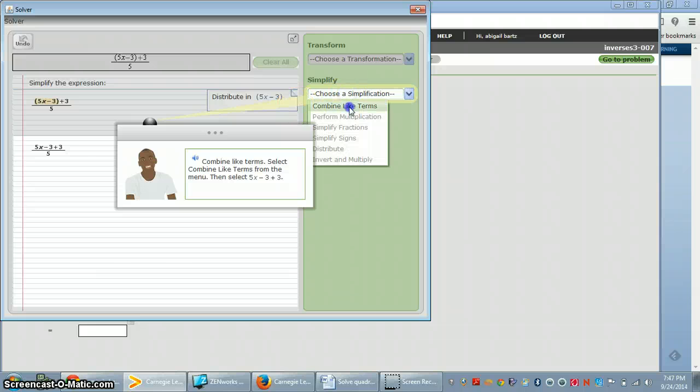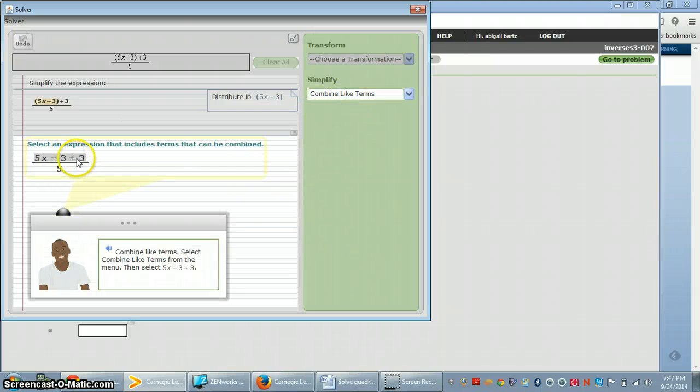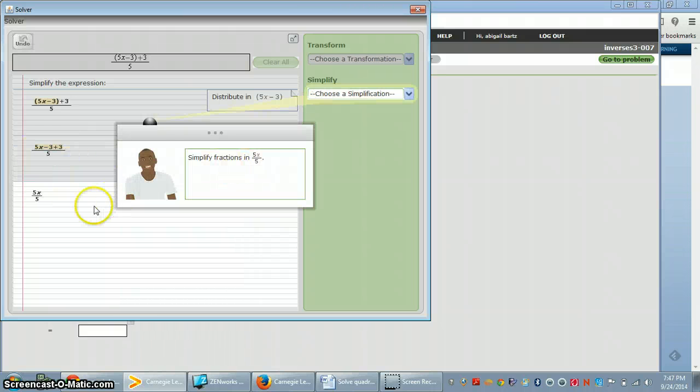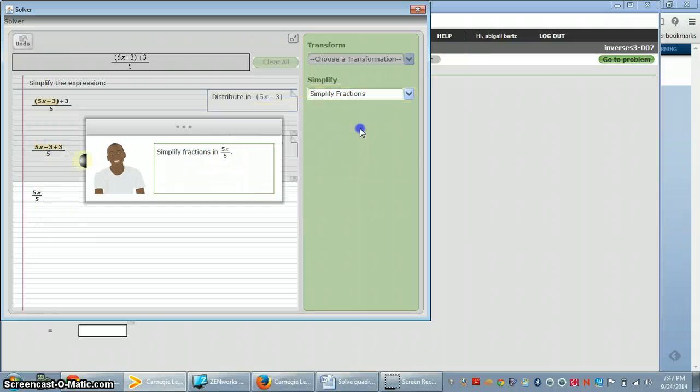Then you can combine like terms, and if it lets me highlight just the -3 and 3, sometimes it's hard to find out where that actually is. You have to scoot around until you get just those, because if I click here, it's going to tell me, oh, it did actually work. And then simplify my fraction.